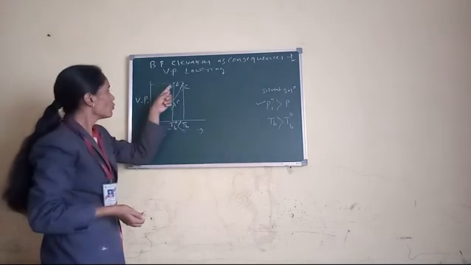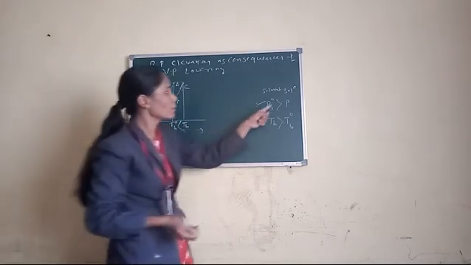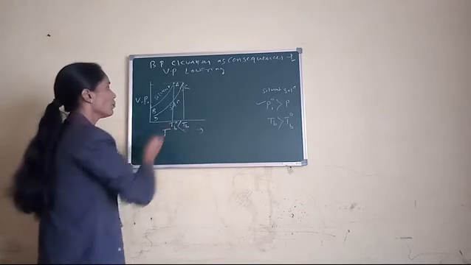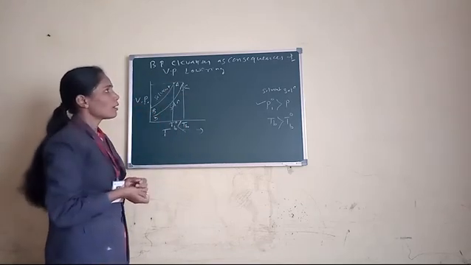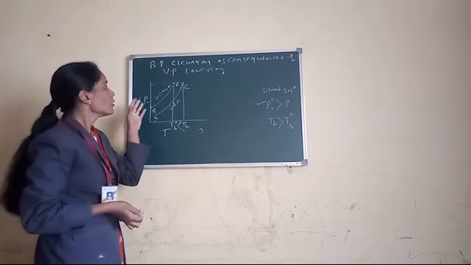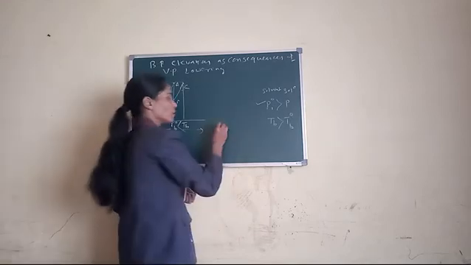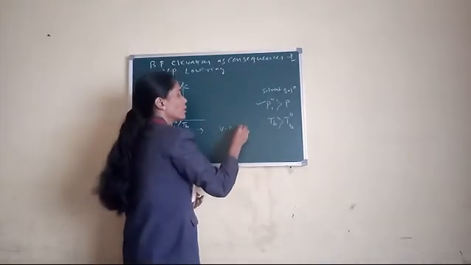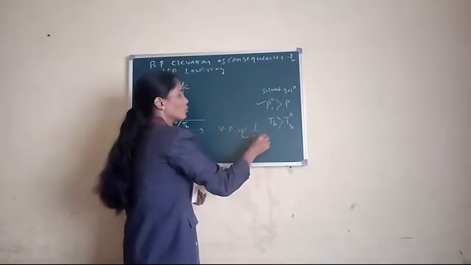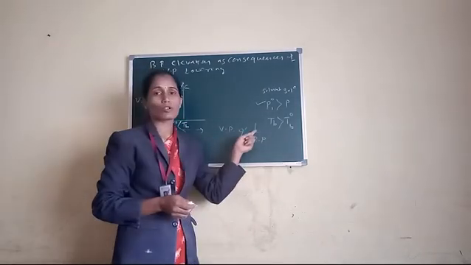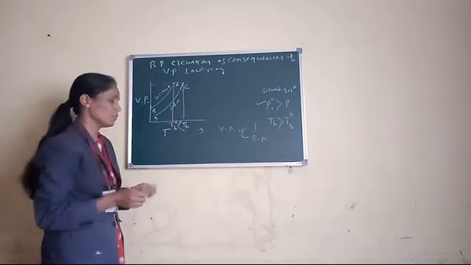From this graph it is simple: boiling point and vapor pressure are opposite. Vapor pressure is inversely proportional to the boiling point.